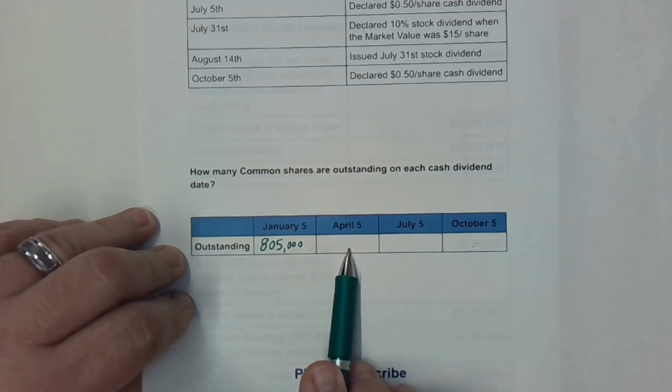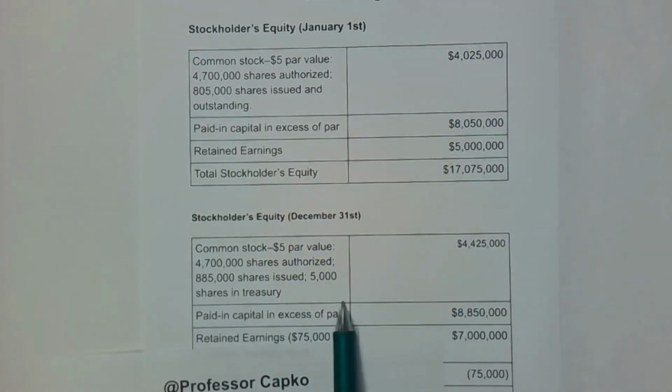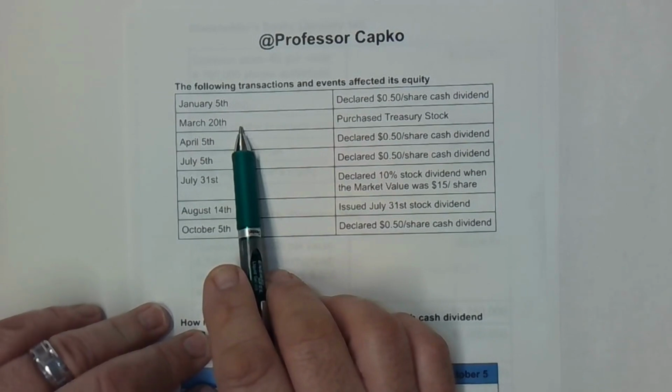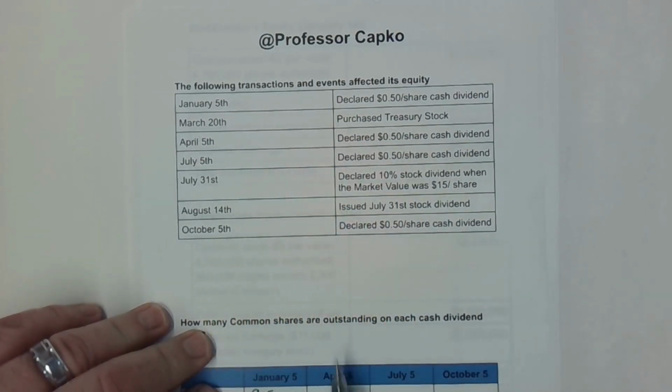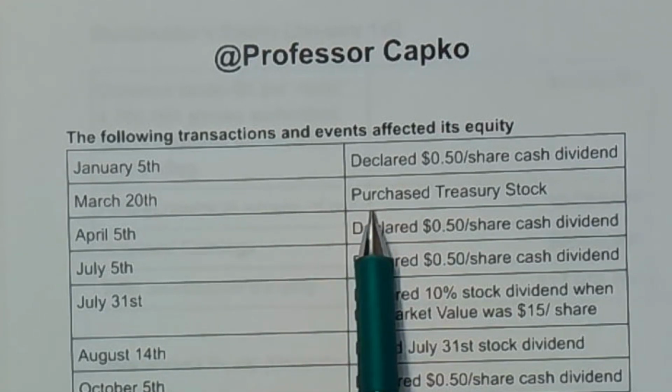Next, we need to look for April 5th. We look at our transactions. We're not going to worry too much about the end of the year just yet, but we're going to see if we can figure out what we are going to have on April 5th. So we look at the next transaction. Some treasury stock was purchased.